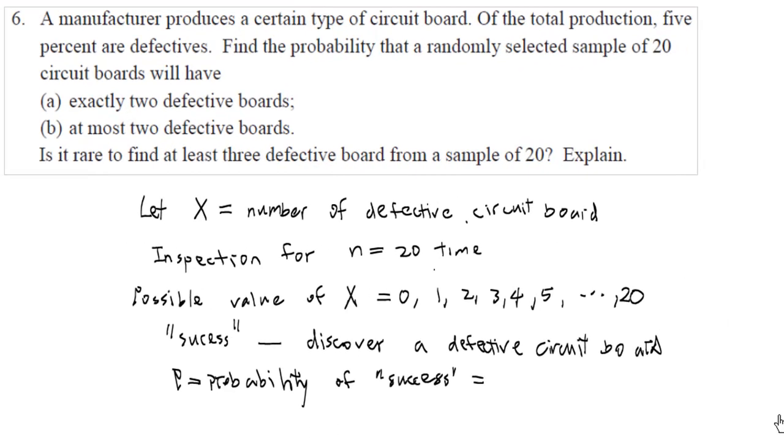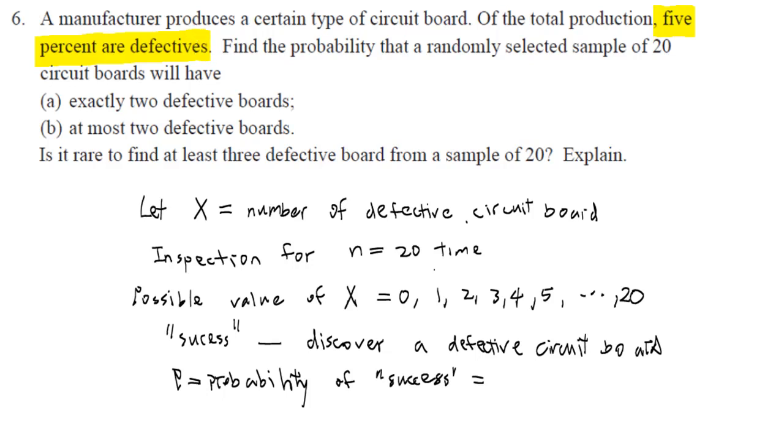In this case, success means you discover a defective circuit board. Let P be the probability of success. According to the question, the probability of success is 5% because 5% of the circuit boards are defective.